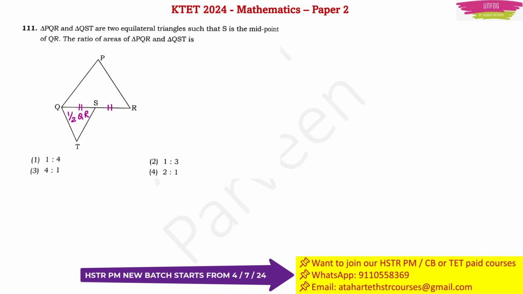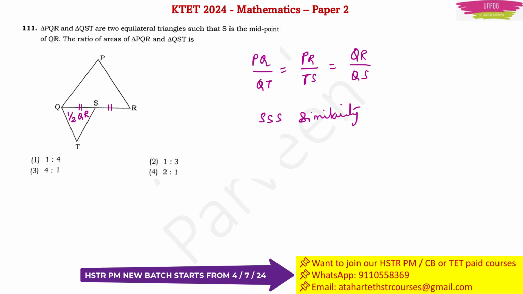So QS will be half of QR. Now you have to use the proportionality theorem. In the two triangles, if you take the ratio of the sides, they will be equal together: PQ by QT, PR by TS, QR by QS, they will be equal.